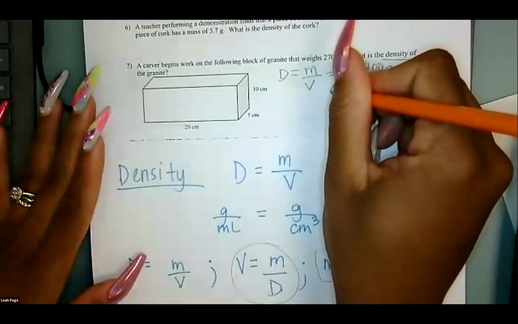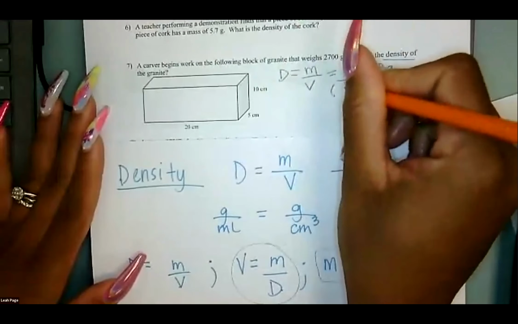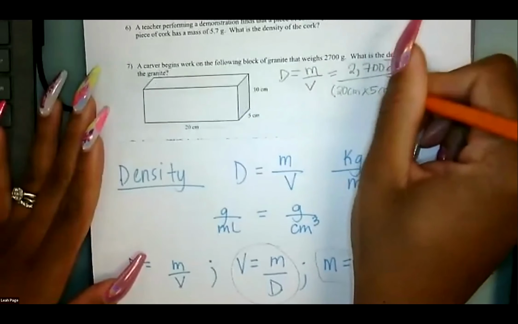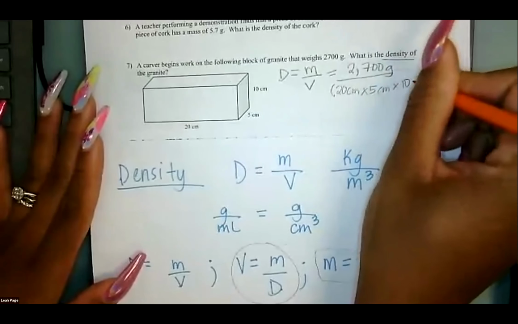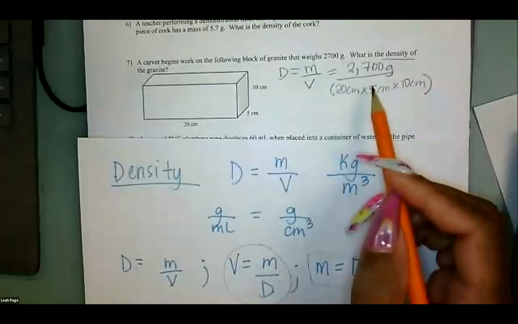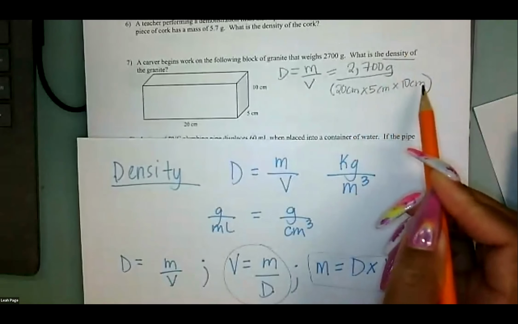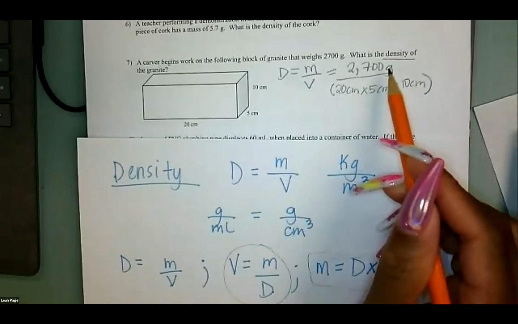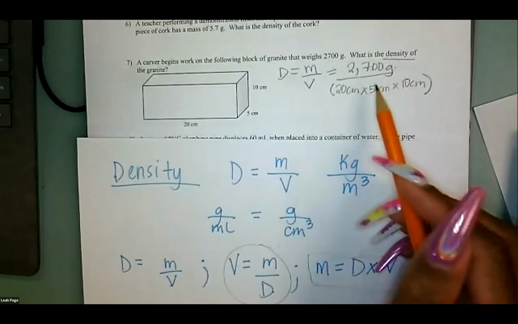I'm just going to write it all down here. V equals 20 centimeters times 5 centimeters times 10 centimeters. We see that this is centimeters times centimeters times centimeters, which gives us centimeters cubed. So it's still going to be grams over centimeters cubed.